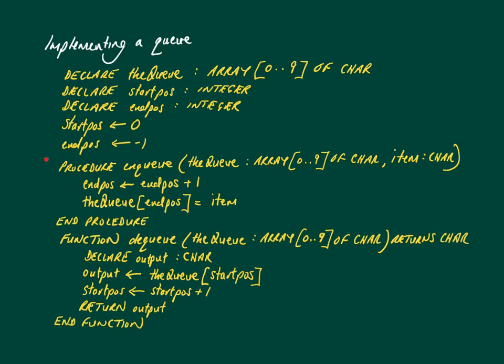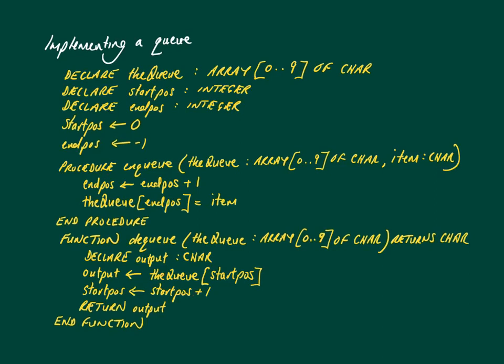But for the basics, this is what you do with enqueue. You add an item to the end position element of the array, and to dequeue you return the start position element of the array, and then you increment the start position.